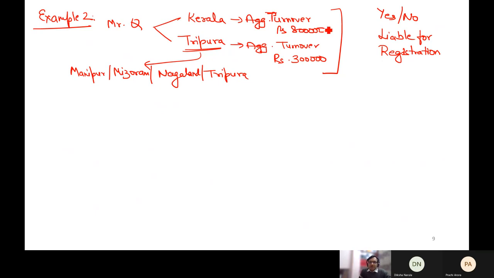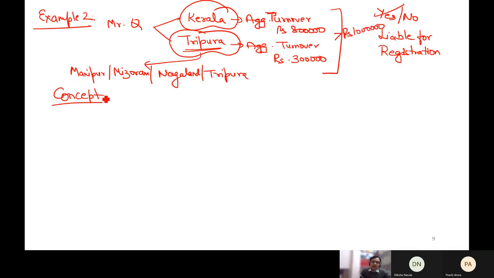If you do the total, it has become 11 lakh. But what confusion is there? One state has a 20 lakh limit, one state has a 10 lakh limit. So, should I check the limit of 20 lakh or 10 lakh? The answer is 10 lakh. My answer in this case is yes, because the turnover exceeds 10 lakh rupees. But do you know which concept I have applied?